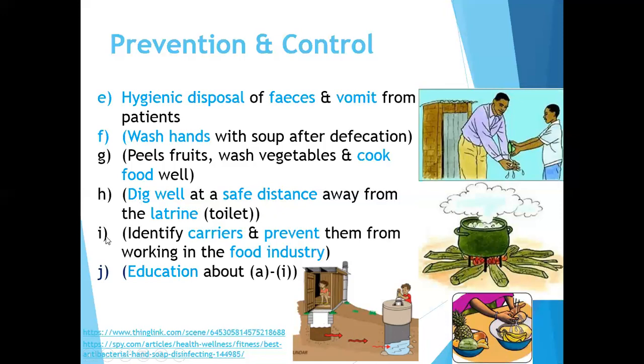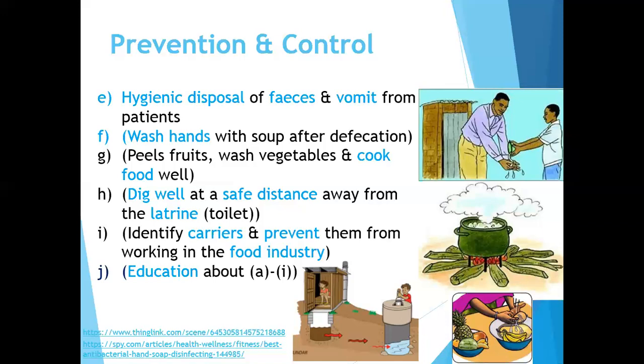This is for developing countries. Then I, identify carriers and prevent them from working in the food industry, because we know that Vibrio cholerae is a feces-mouth disease, a transmission cycle.